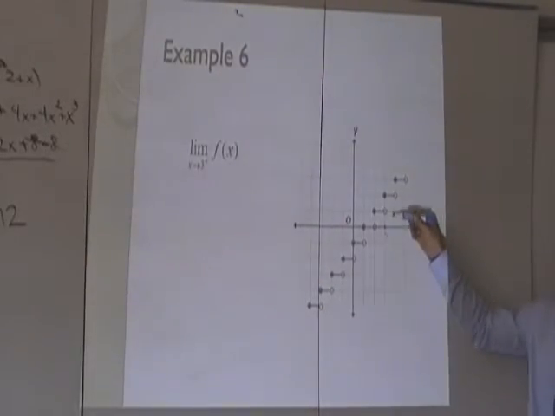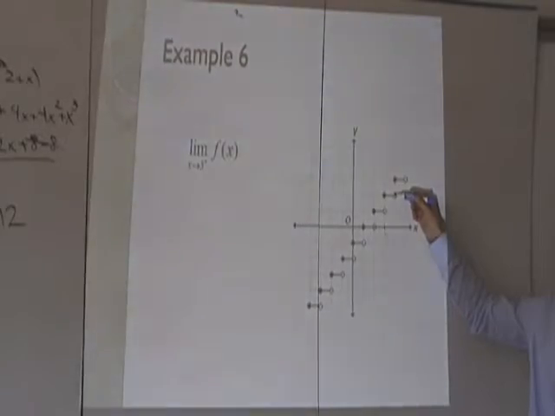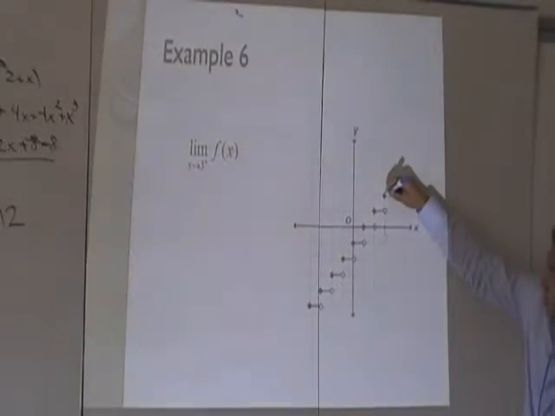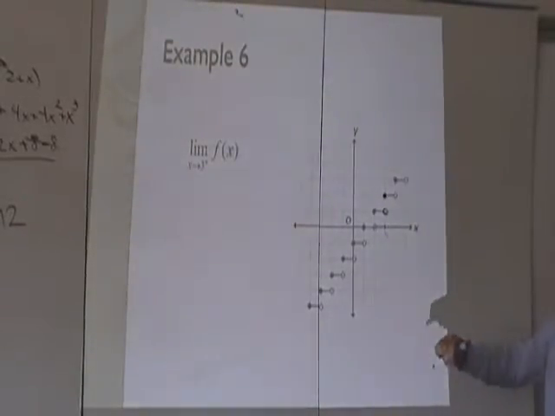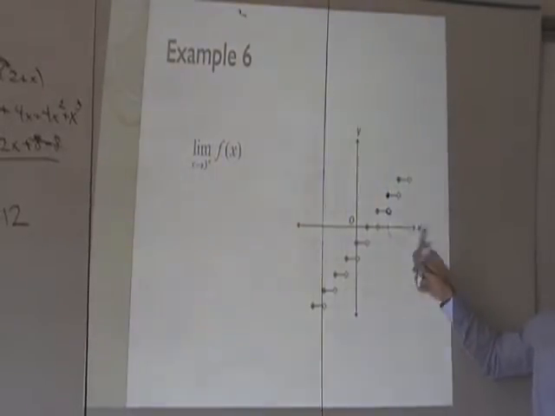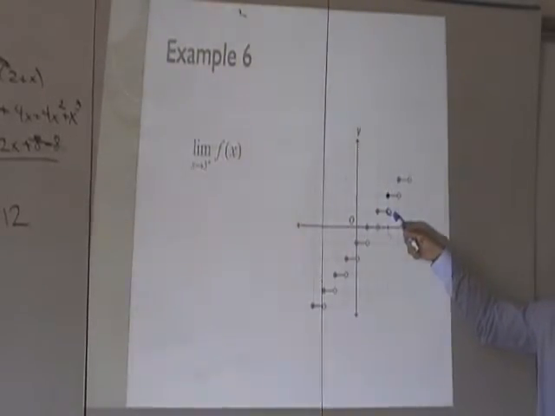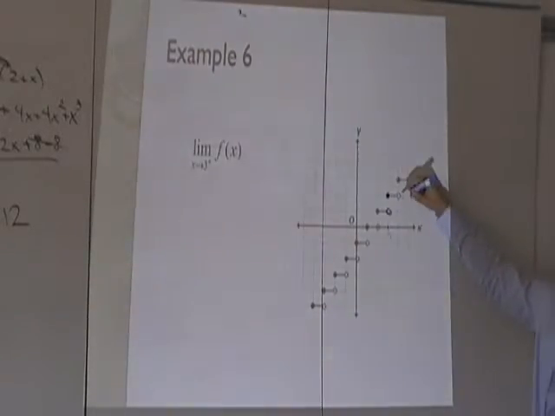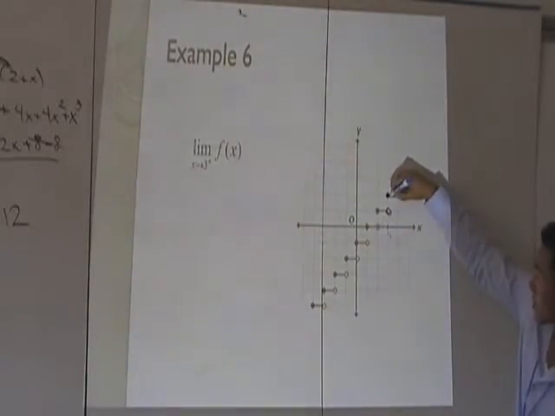Now, right? It's right here. Okay, so here's 3. There's this point here, and there's that one there. But if it's coming from the right, is there any graph on the right side of this? No. So this is where it's approaching from.